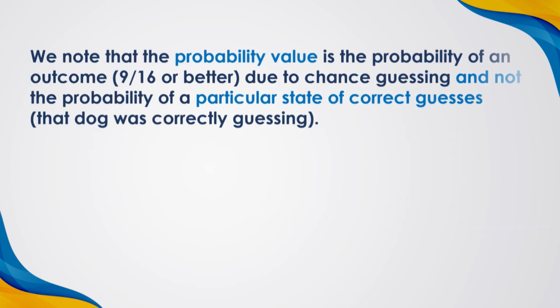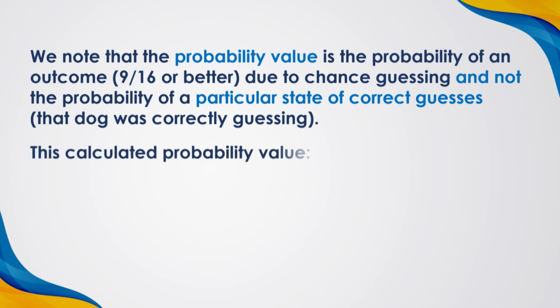Certainly not. We note that the probability value is actually the probability of an outcome, that is 9 out of 16 or better, due to chance guessing, and not the probability of a particular state of the world, that the dog was correctly guessing.